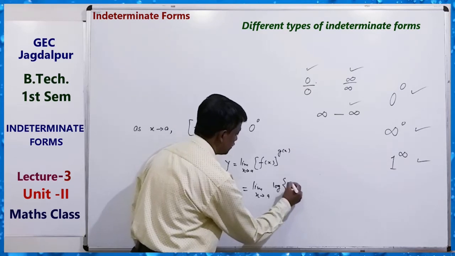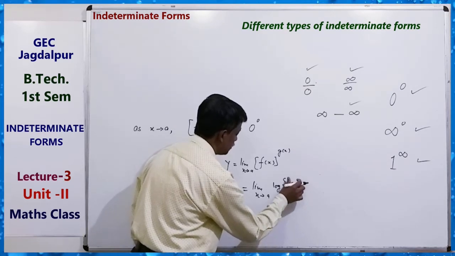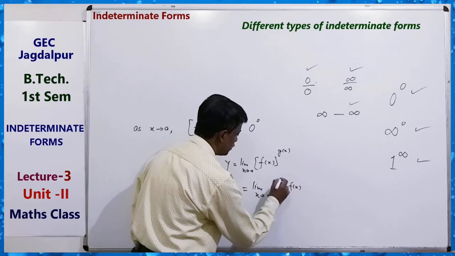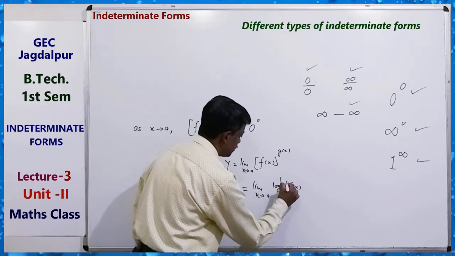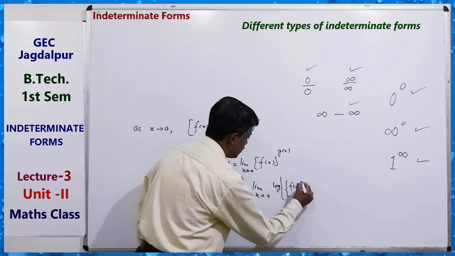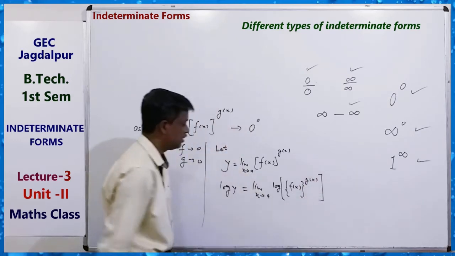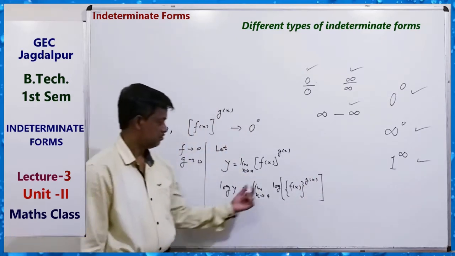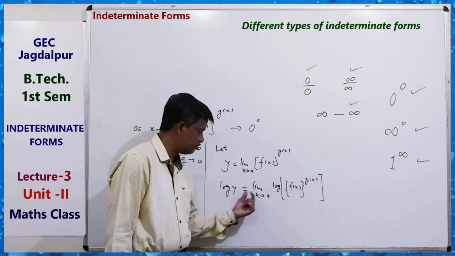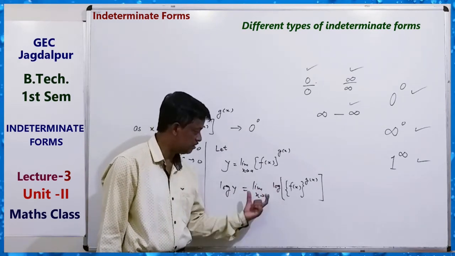So log y equals, as x tends to a, the logarithm of fx power gx. The log goes inside the limit.